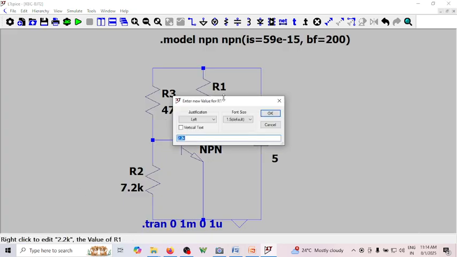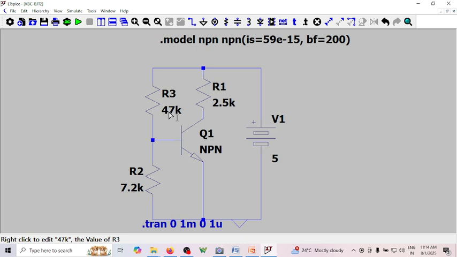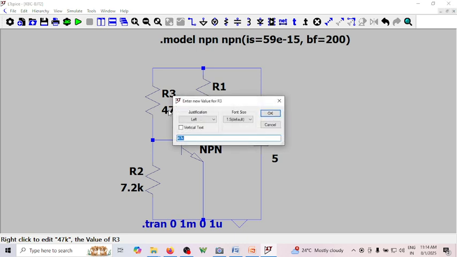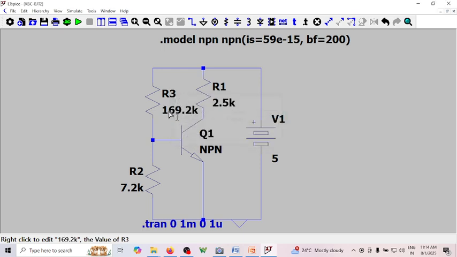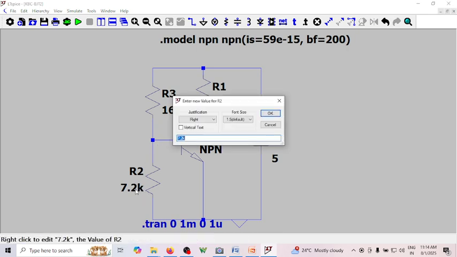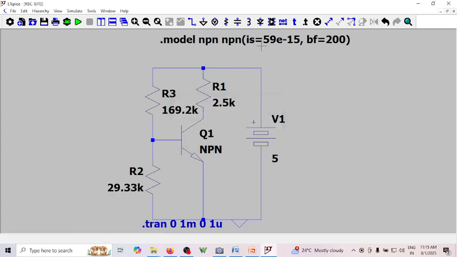Let it be 2.5k, and let us make this 169.2k, and this should be 29.33k. See, IS is 59 e power minus 15 and the beta factor is 200. This should give me a collector current of 1 milliampere, close to that.